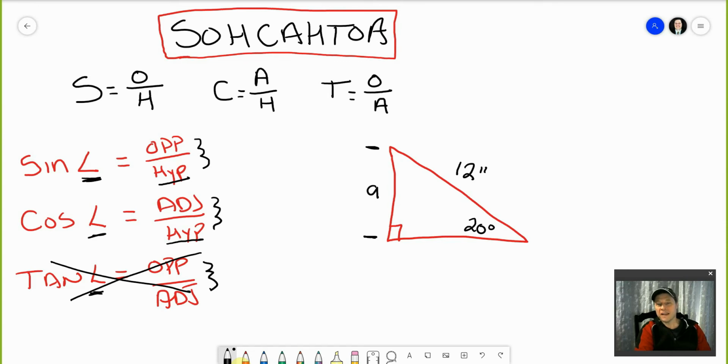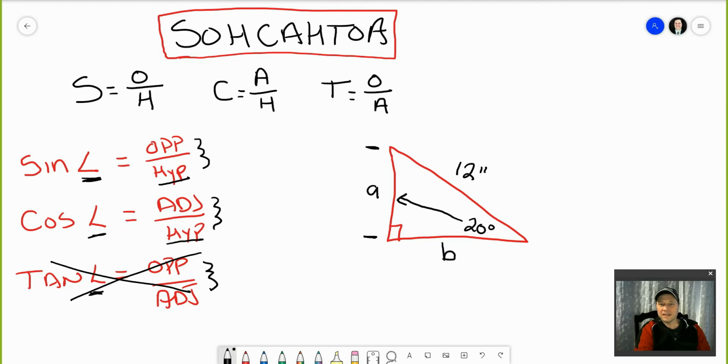What are we trying to solve? We're trying to solve A. But is A opposite or is it adjacent? This goes back to the rule about angles. An angle is directly proportionate to the ratio of two sides, so this angle is controlled by a side. If I lengthen this line or shorten it, this angle changes. So for me to solve A, I need to know its position. It's opposite the 20 degrees.